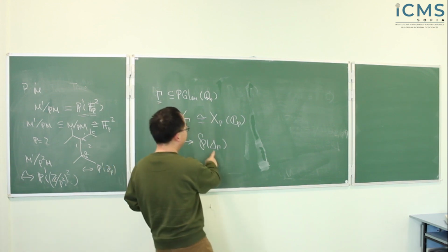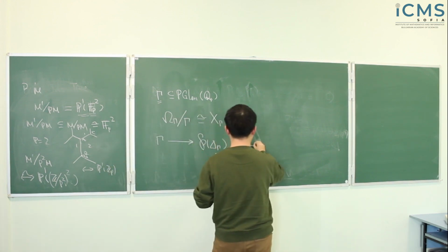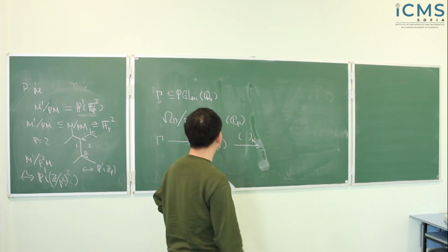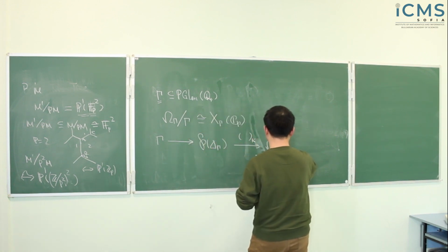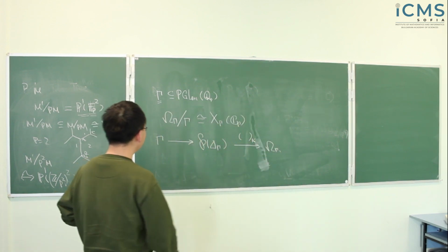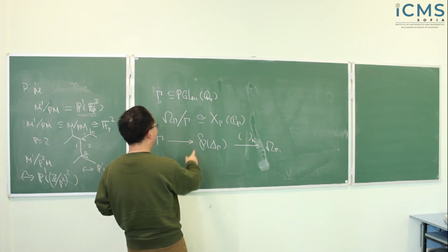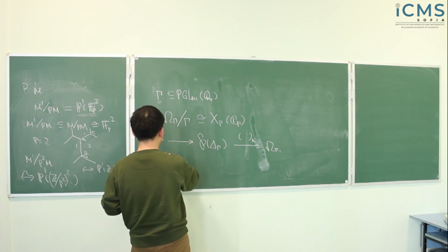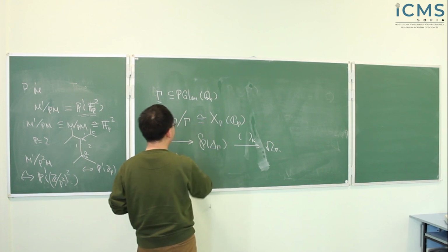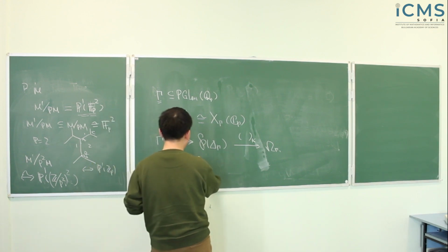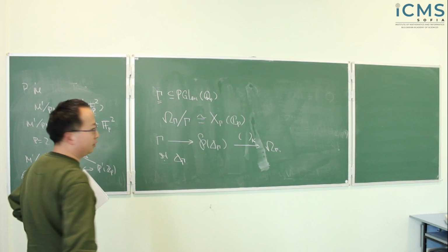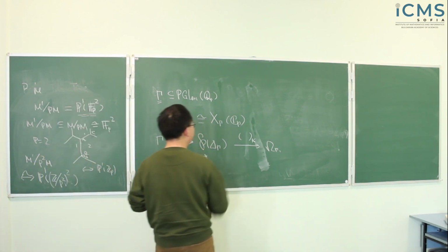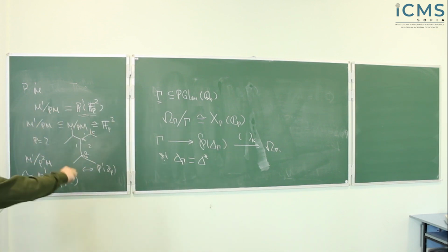If you take the generic point of this, you will get the omega gamma. But we are more interested in what happens if we choose the proper gamma such that this delta gamma is the convex subcomplex of the Bruhat-Tits tree. If it is equal to the Bruhat-Tits tree, this is the most interesting case in my work.